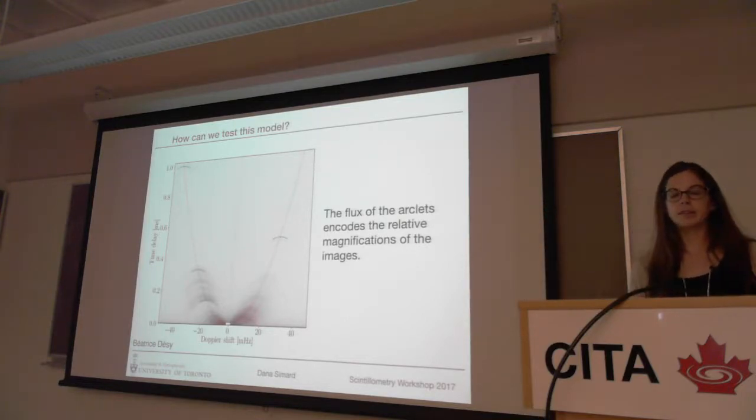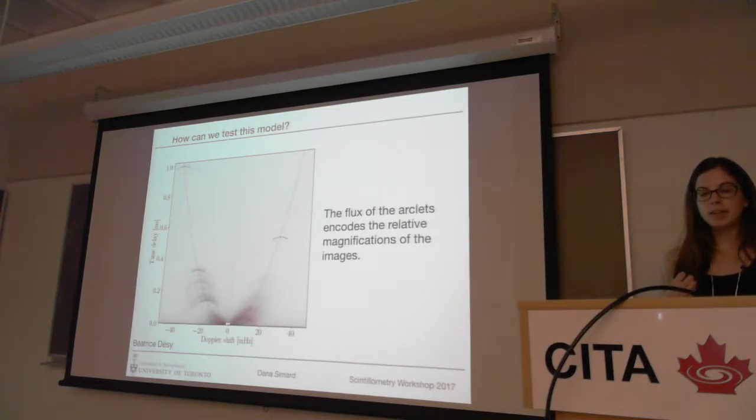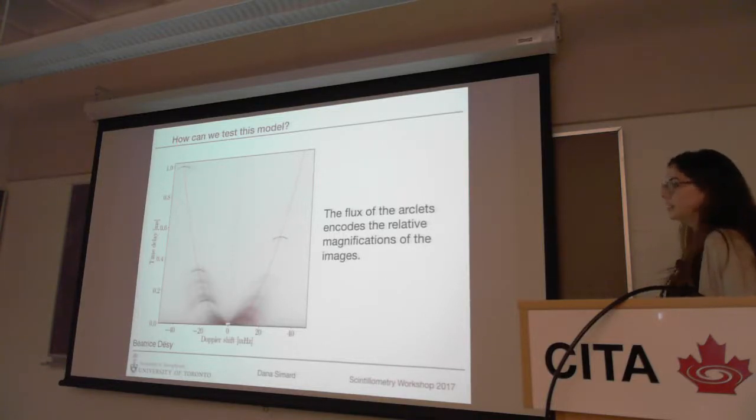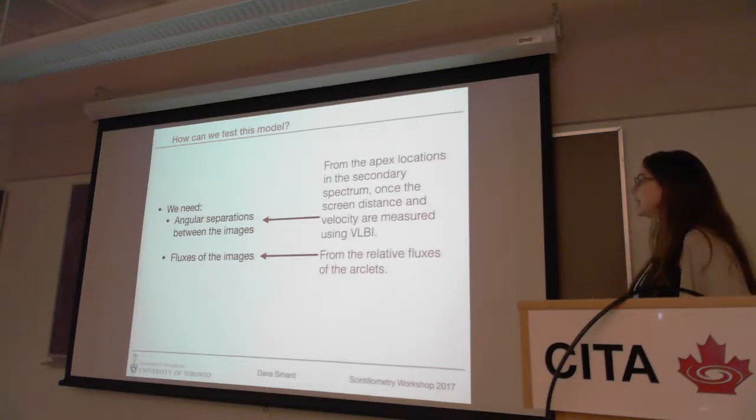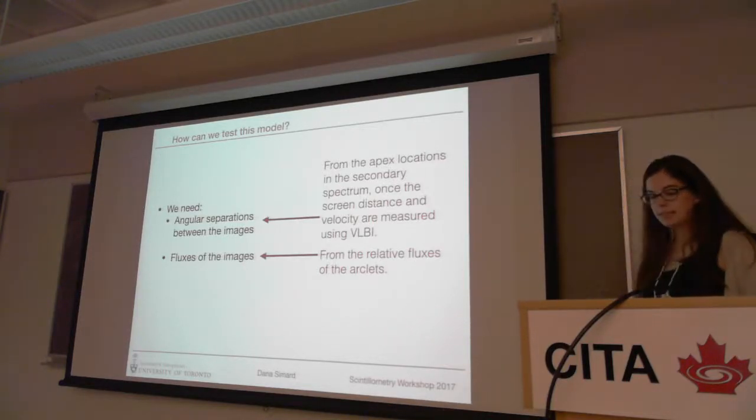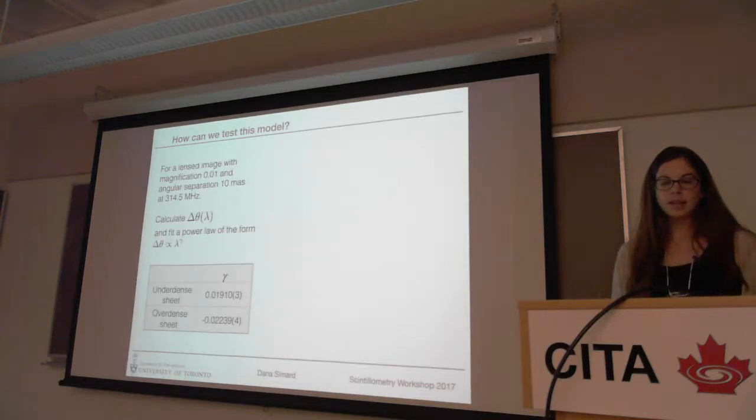But we're still working on getting the precision of that measurement down to what we really need in order to test these models. But we can get the fluxes from the relative fluxes of the arclets. And then we can go ahead and test this.